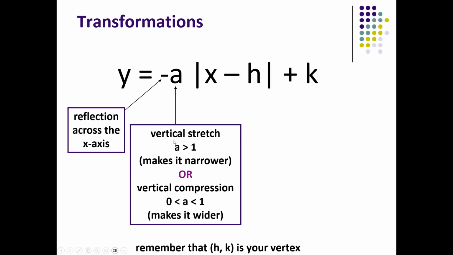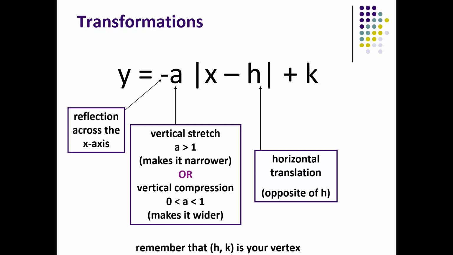This is where we see if there's a vertical stretch, that means a is greater than 1, which makes it narrower. Or a vertical compression, where a is greater than 0 but less than 1, which makes it wider. The h is the horizontal translation. So that usually is the opposite of h.